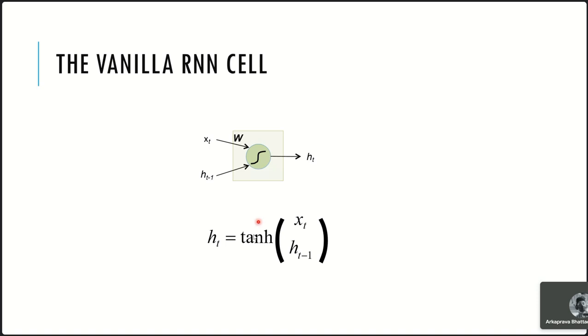Okay, so your HT, the activation function at HT, is a TANH function which takes input xt with some weight vector w and the previous state's output ht minus 1. So this is your basic activation function, which is used at HT.